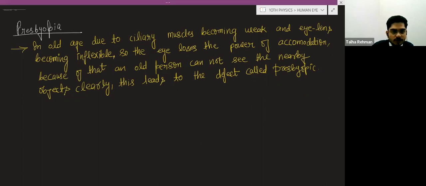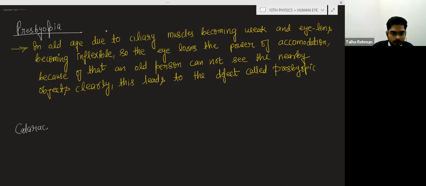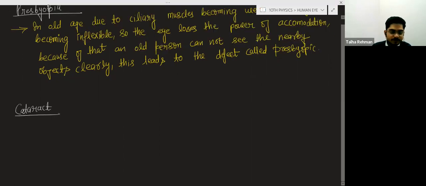There is one more defect that is known as cataract. Cataract is a medical condition in which there is a white layer on the surface of the eye. Due to that, there is blurred vision. So what is cataract?